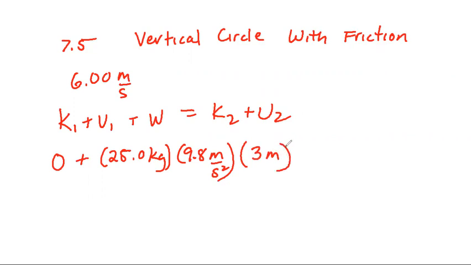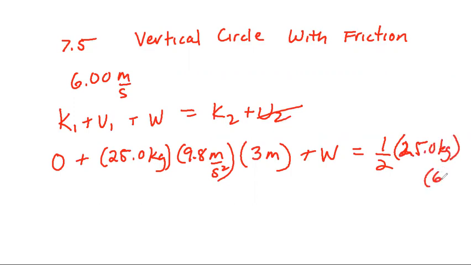And then this is 0 plus work equals 1/2 times 25.0 kg times 6.0 meters per second squared.